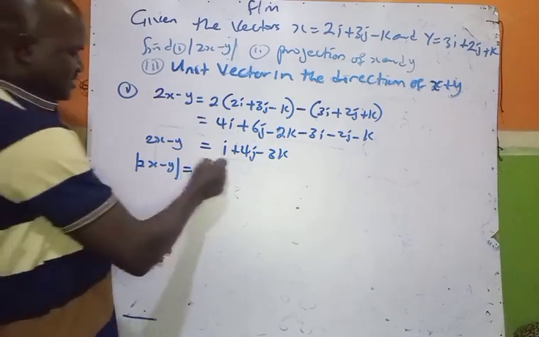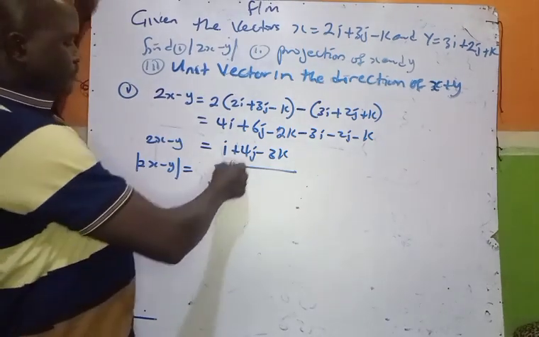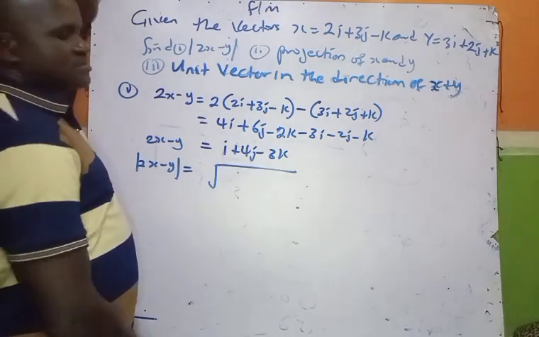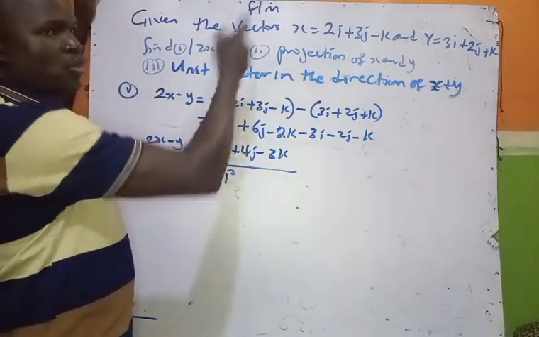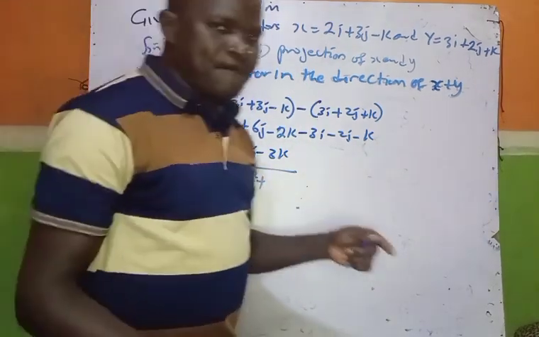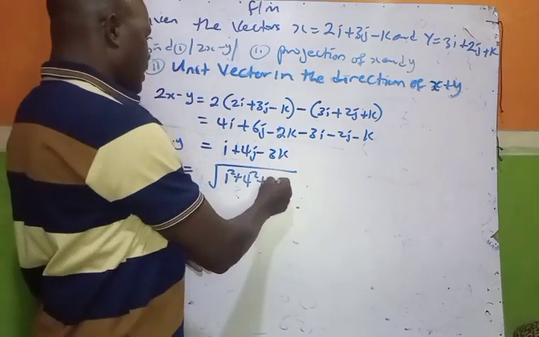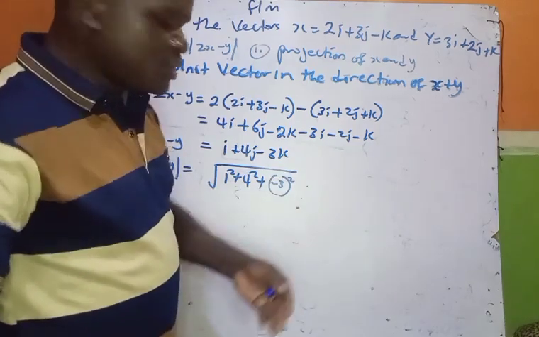So you have here 1i, so you have 1 squared plus 4 squared plus minus 3 squared. Here, students used to make mistakes sometimes.